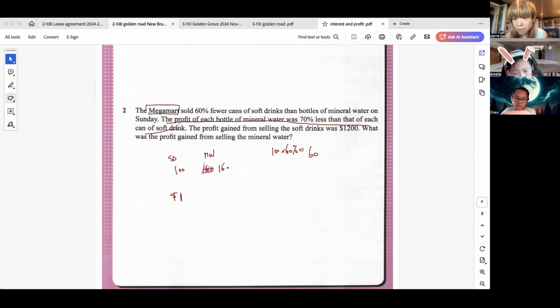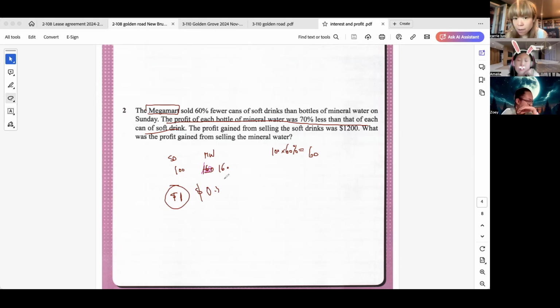Read this sentence and tell me what the profit is that you can make from selling 1 bottle of mineral water. The profit of each bottle of mineral water was 70% less than that of each can of the soft drinks. I already told you. 0.3 cents. $0.3, not 0.3 cents.